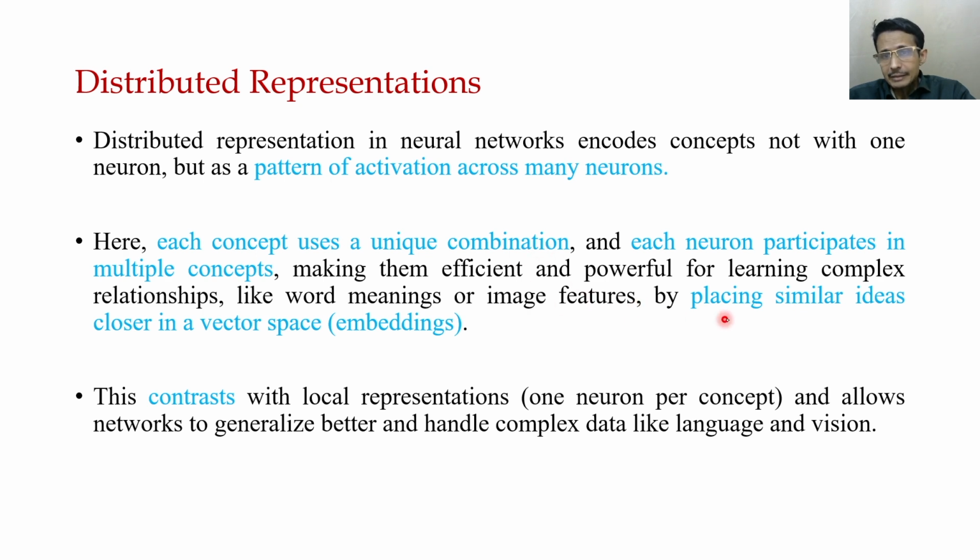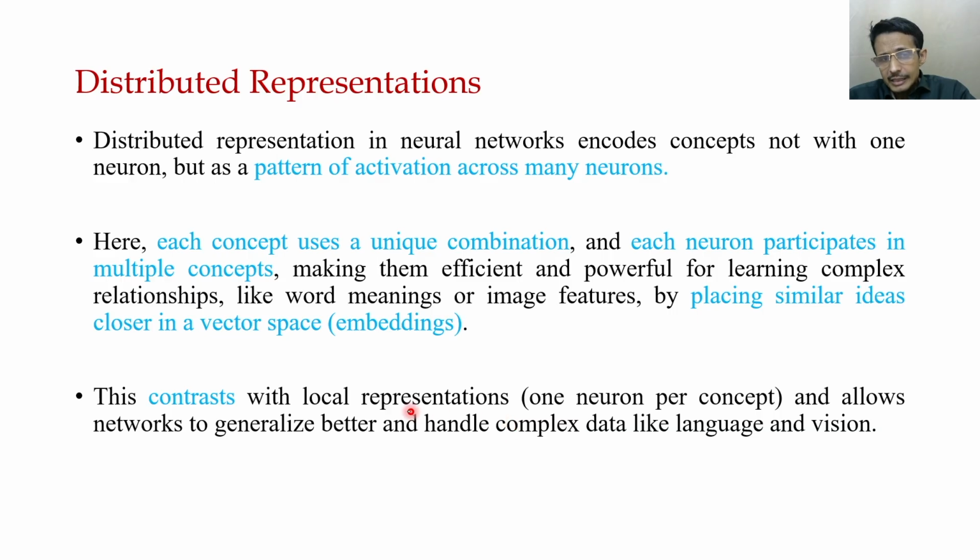Similar ideas are placed closer in a vector space, which is called embedding. We will come to it when we discuss natural language processing. This is different from the local representation, where there is one neuron per concept; they are not using this. It allows the network to generalize better and handle complex data like language and vision.